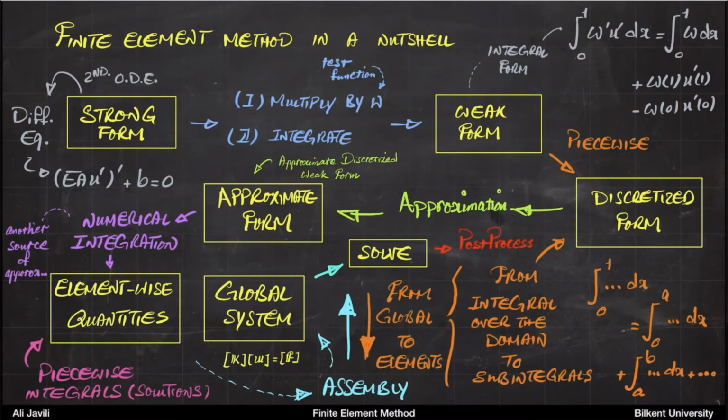So here, if it is just an integral, you would say integral from a to b, and so on. But this is exactly what we call discretization later. And then you do approximations using shape functions, and then eventually you integrate using Gauss quadrature.